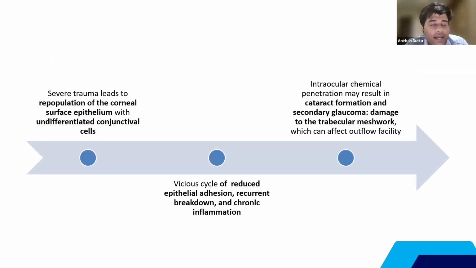Because the limbal stem cells are now deficient, the corneal surface epithelium gets repopulated with undifferentiated conjunctival cells. And this leads to a vicious cycle. There will be poor epithelial adhesion, recurrent breakdown, and chronic inflammation. Additionally, if the chemical manages to penetrate into the anterior chamber, as I mentioned earlier, it can result in cataract formation and secondary glaucoma by damaging the trabecular meshwork.